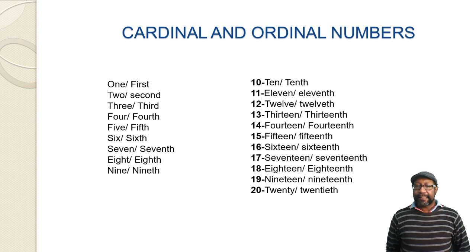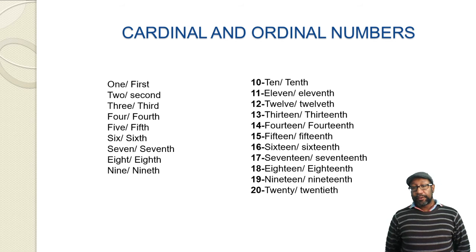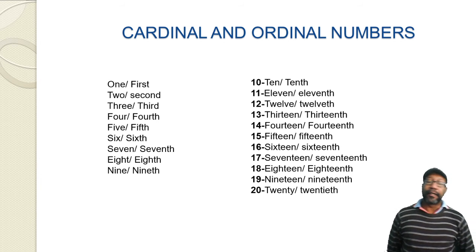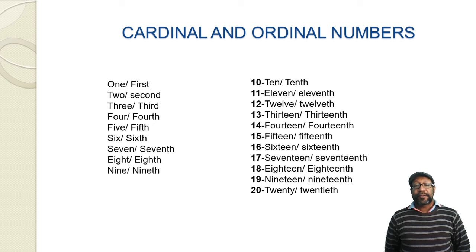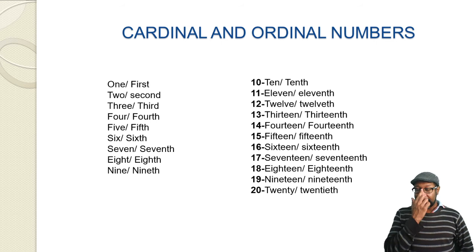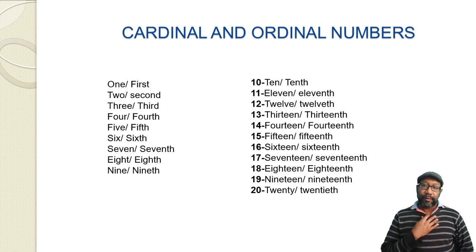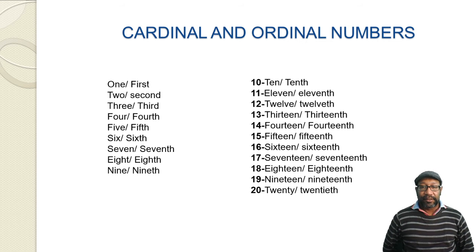And then in the second column, you have after 10 to 20. The main difference is in the ordinal numbers after 10. It's because you have this "th" at the end, for example, 14 and 14th. And this pronunciation is not quite familiar for us Brazilian Portuguese speakers, right? But this is the way it's shown in English.